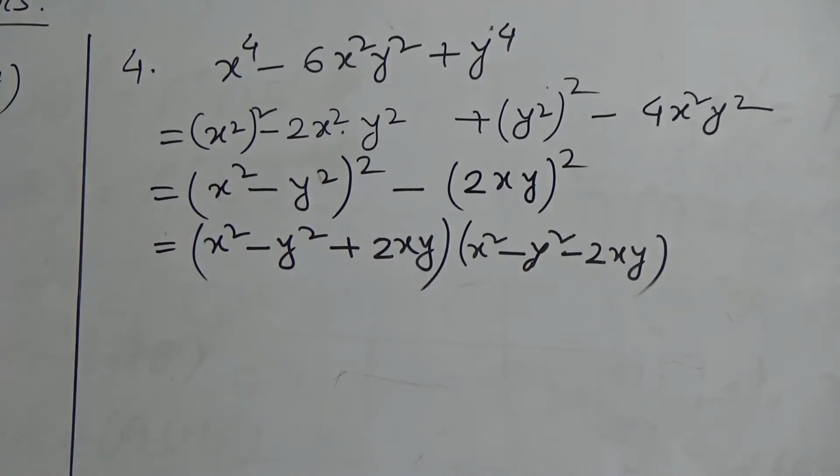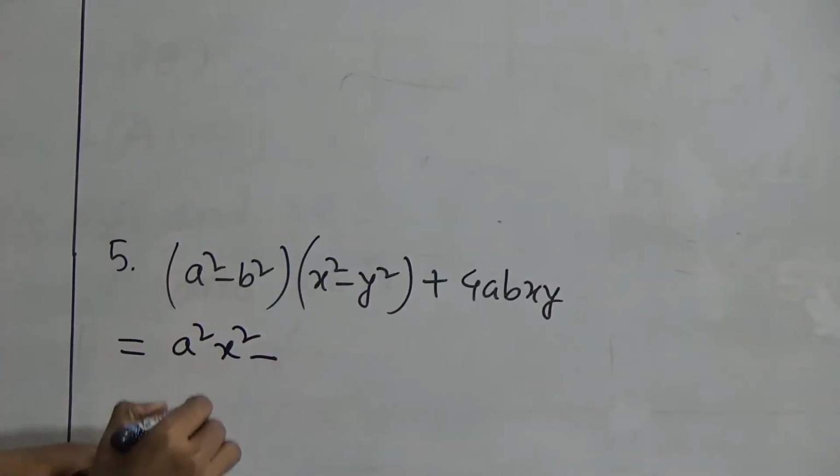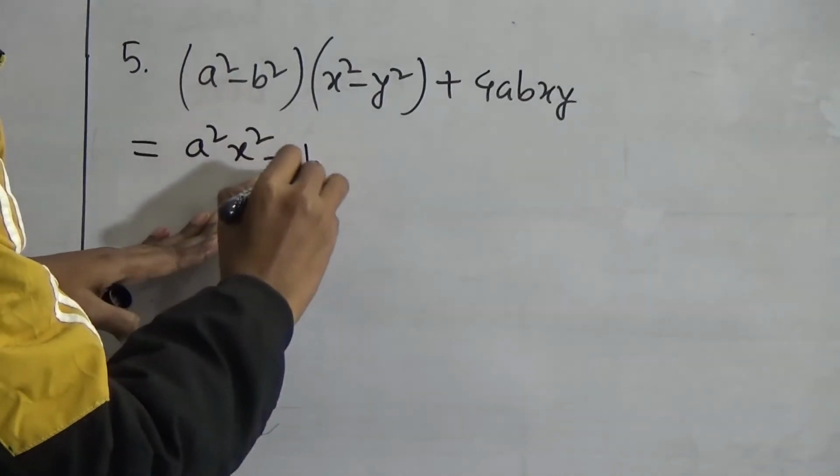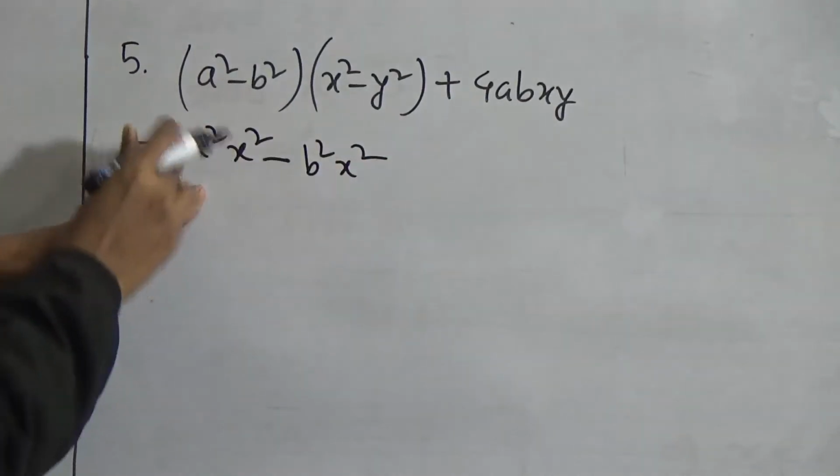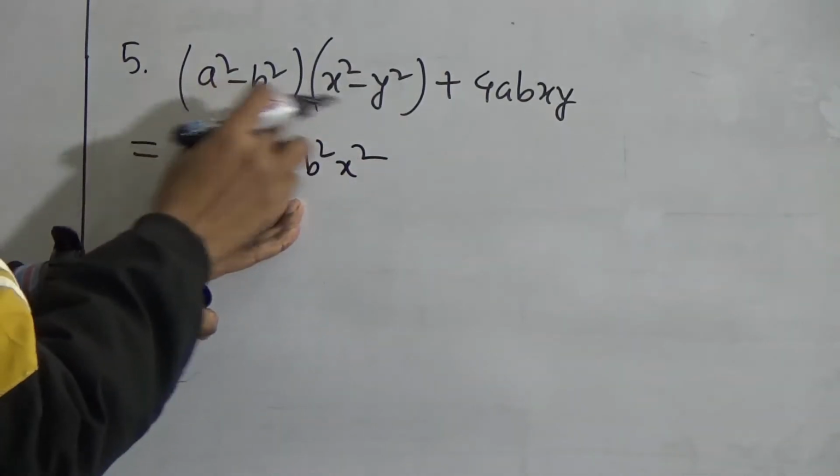Now question number 5, this is very, very important. Look, question number 5. At first you have to multiply. Look, a square into x square equals what? A square x square, then b square x square.